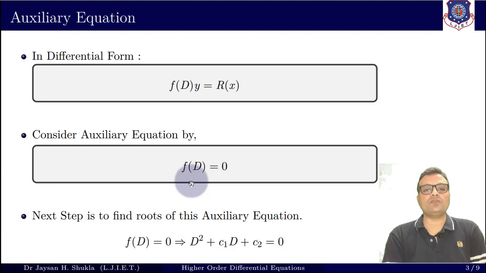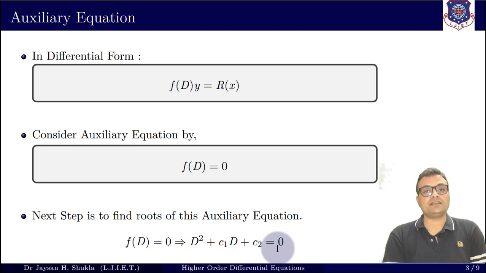The auxiliary equation is f of D equal to 0. So from this equation, we consider only this part f of D and equate it to 0. Once we equate it to 0, it gives D square plus c1 D plus c2 equal to 0.